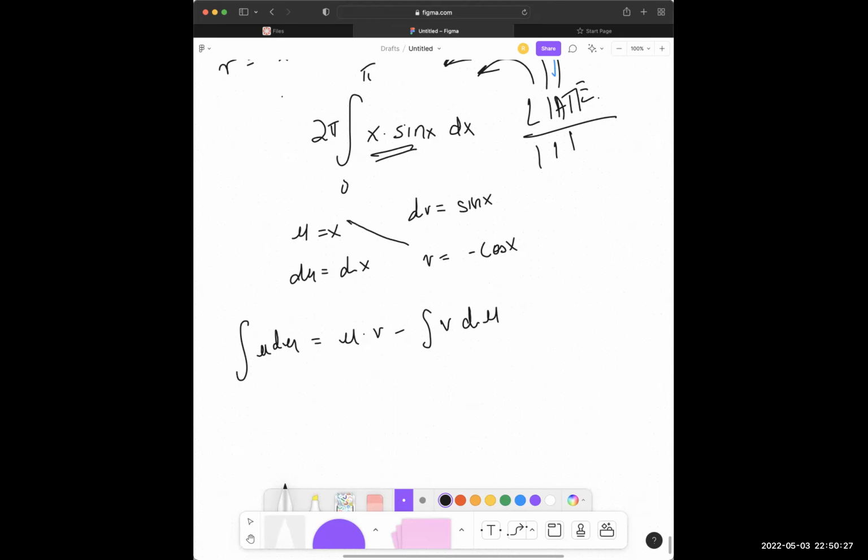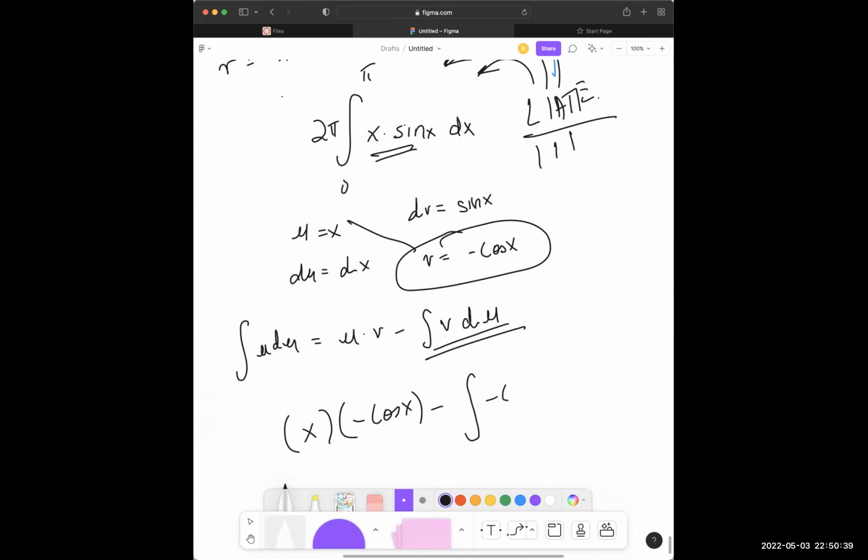So we do u times v, which is x times negative cosine of x. Then we do minus the integral of v, which is negative cosine of x, and might as well just make that positive, with respect to du. So we put the du down, which is just dx.